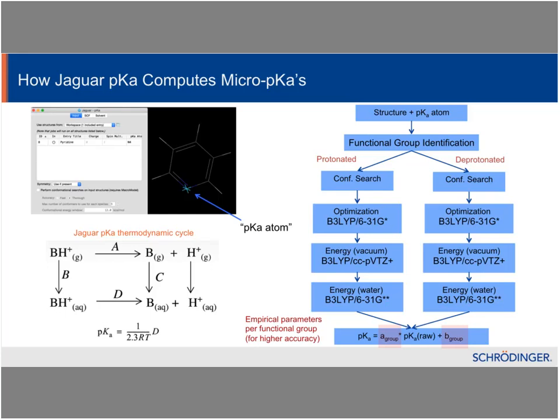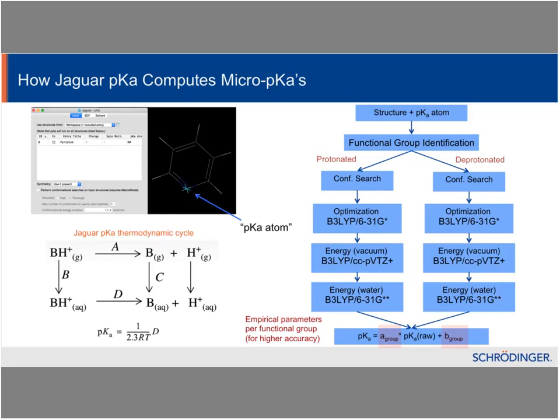Which atom is going to be protonated? For example, this is going to be this nitrogen. And then what we do, we generate the protonated form and the deprotonated form from this structure separately. We do conformational search on those two forms. We do quantum chemical calculations shown here.